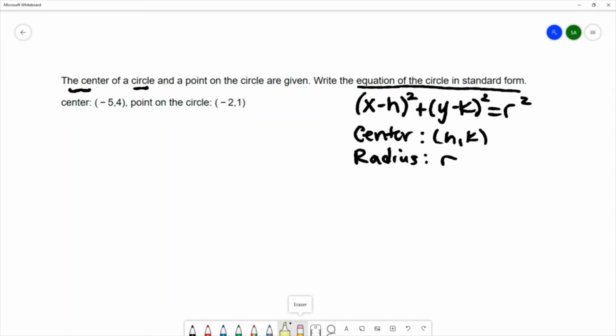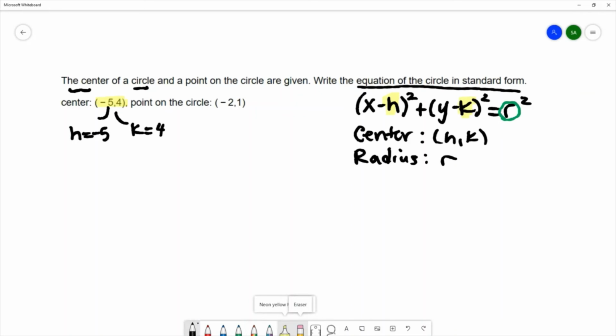We were given the center of the circle, so we have values of h being -5 and k being 4. We're going to substitute those values in for h and also for k. But in order to complete the equation of the circle, I need to have the value of r.